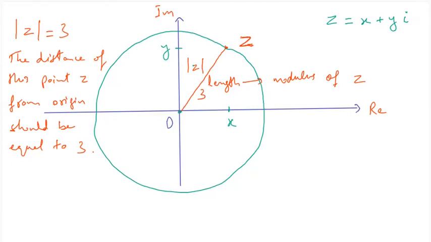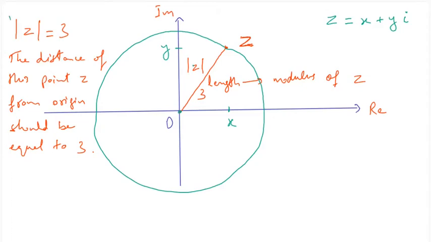So that is the first thing. So that's the most basic thing you need to know about the locus of complex numbers. इसका modulus क्या represent कर रहा होता है? इसका modulus represent कर रहा होता है the distance of that number from the origin.